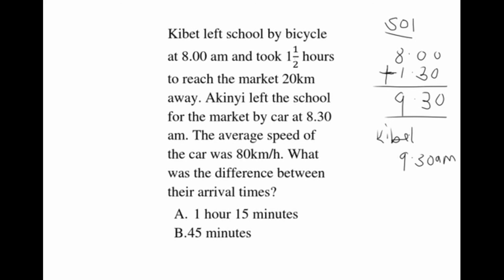Then we are told that Akinyi left the school for the market by car at 8:30 a.m. and the average speed was 80 kilometers per hour. The distance is 20 kilometers. Therefore, we can get time. So here we have Akinyi. Time is given by distance divided by speed. Our distance here is 20.